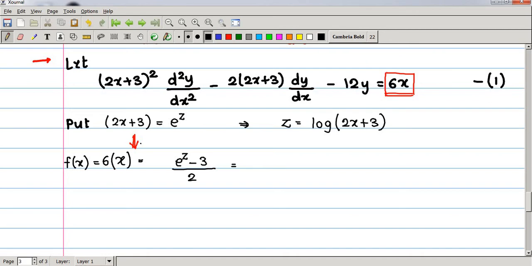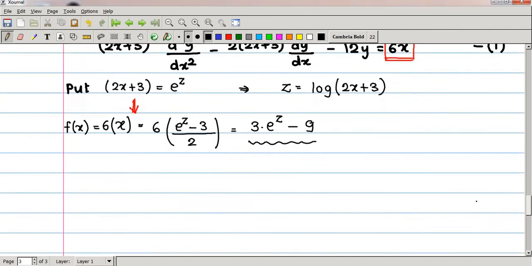We substitute x = (e^z − 3)/2 in f(x) = 6x. So it is equal to 3e^z − 9. This will be your function in terms of z after the substitution.